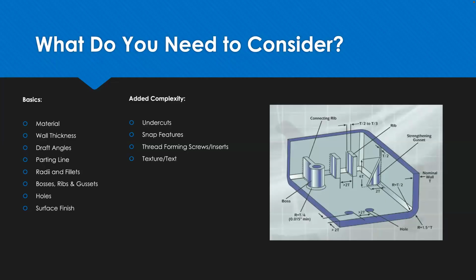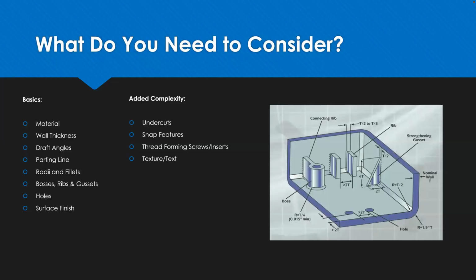Wall thickness is maybe the most important thing when considering injection molding. Understanding what your wall thickness can be and being consistent with it. Then using draft in general. Because you've got your two metal mold pieces, you have to get your part out of the mold.